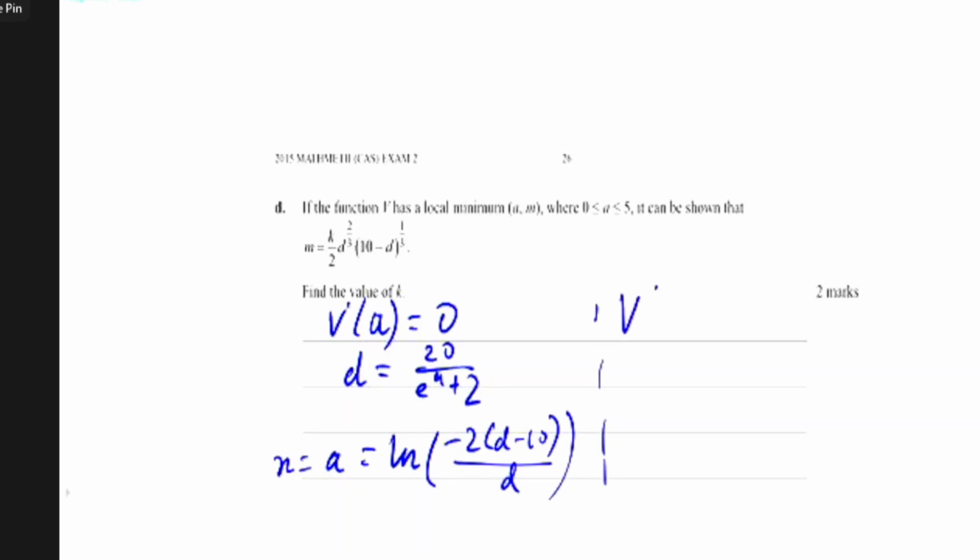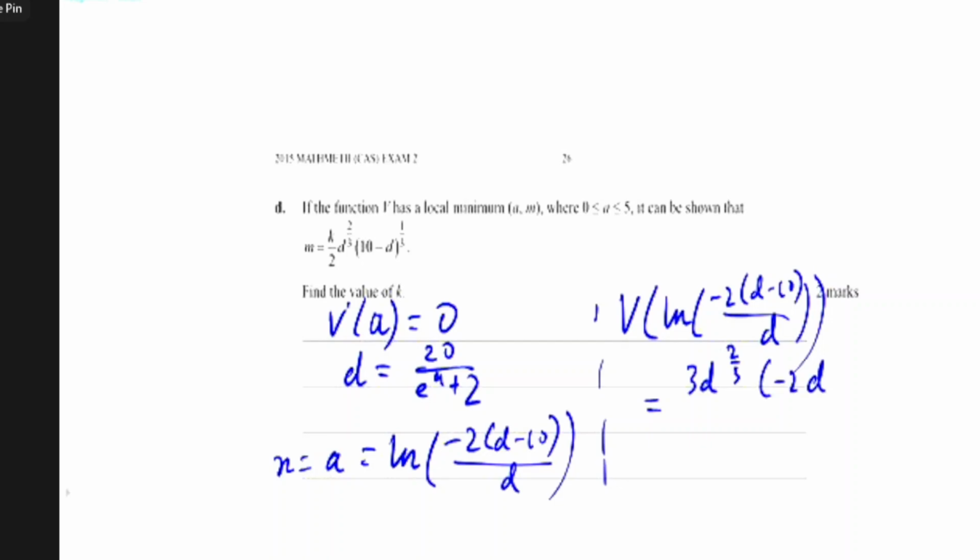So I could say x is equal to this as well. So v of ln of (d minus 10) over d, and you get this equation on the CAS.